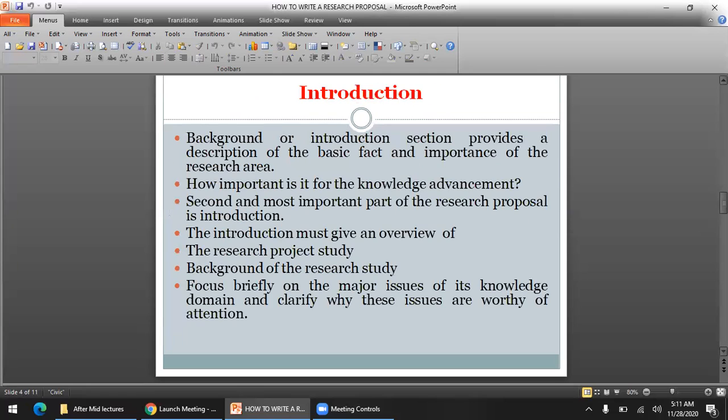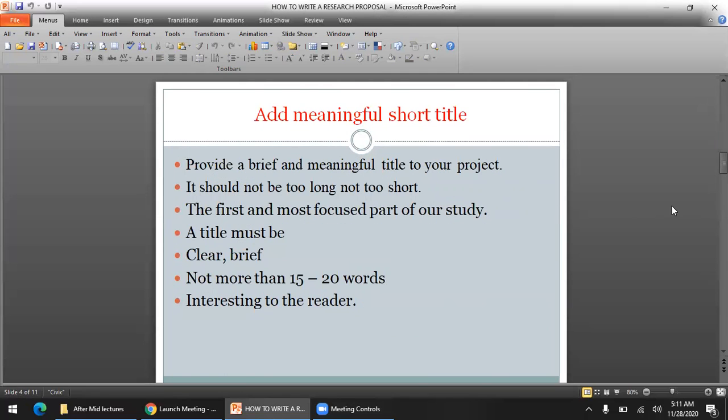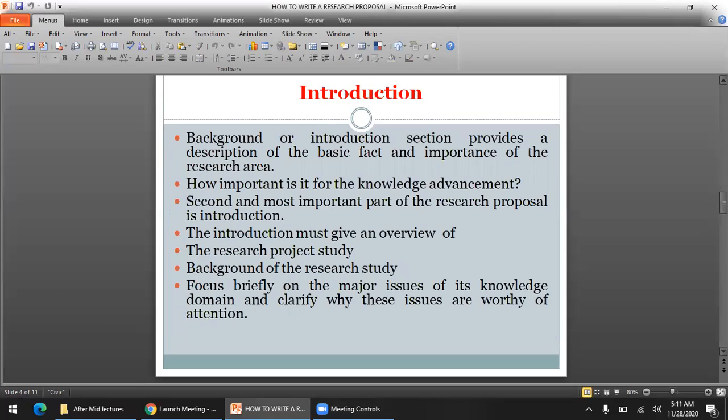After that, look at some basic things about a research proposal. The second part is the introduction. The introduction or background section provides a description of the basic facts and importance of the research area.